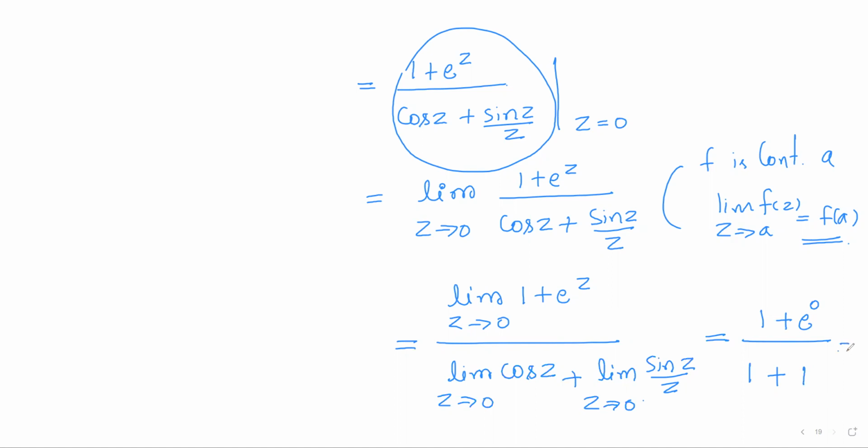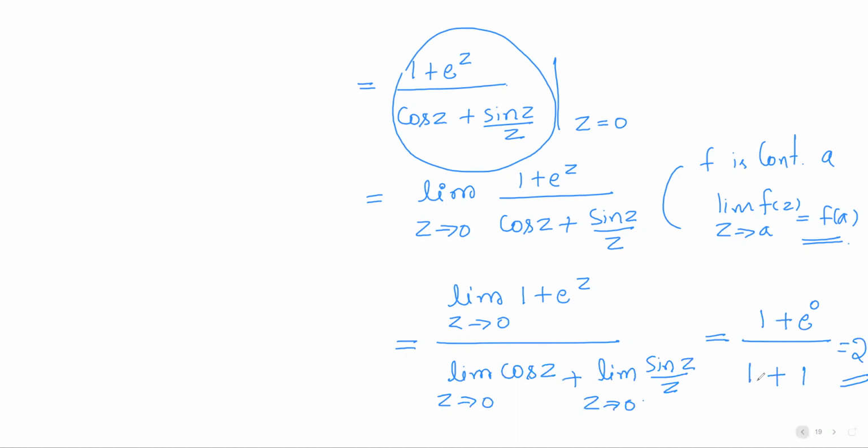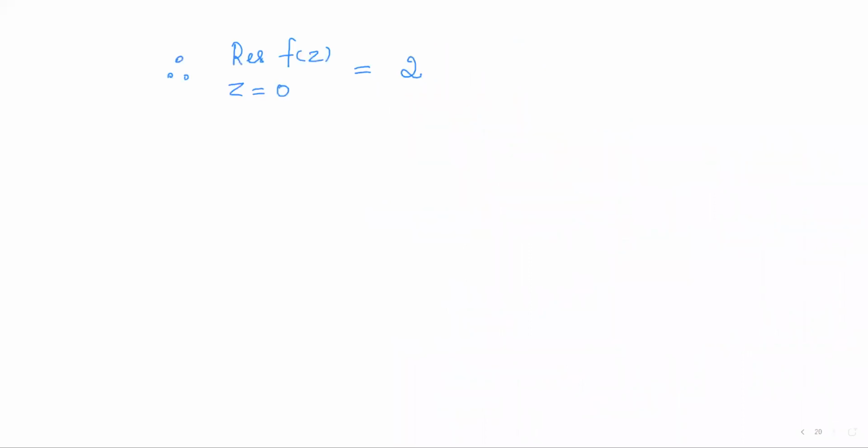So the denominator is equal to 2, right? Numerator is also 2, denominator is also 2. So the residue will be 1. Residue will be 1. So this completes problem 4.